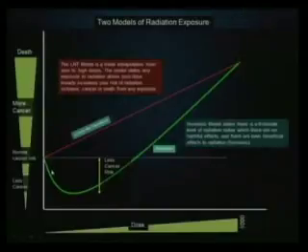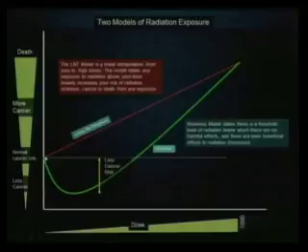This is just a graph of the two models that are out there. One is radiation hormesis, and one is what's known as the linear no threshold. Radiation hormesis says that if this is normal cancer risk, this is less cancer risk. With increasing dose, there will be an area where there's less cancer risk with radiation, up to a point where it becomes normal cancer risk, and beyond which there's more cancer risk.